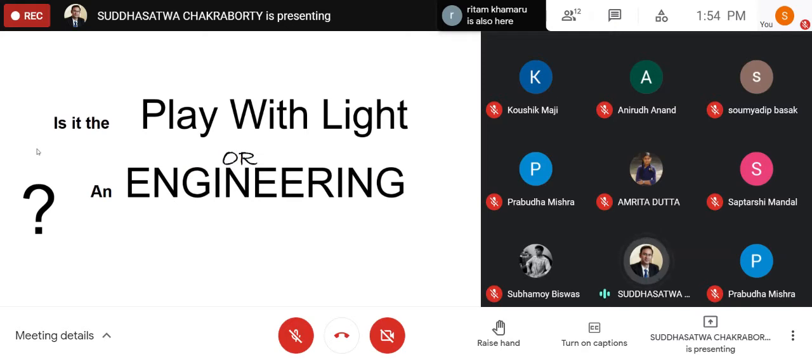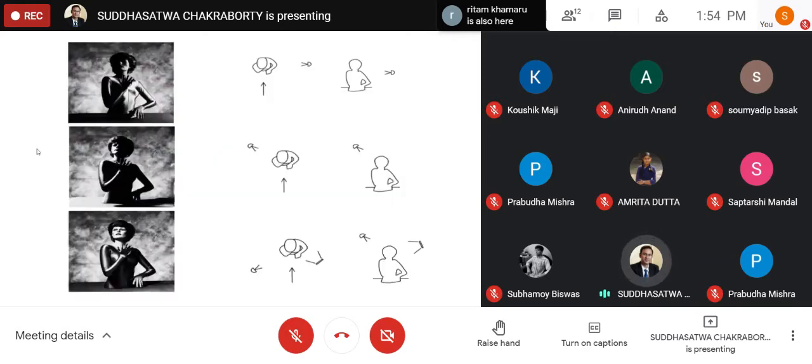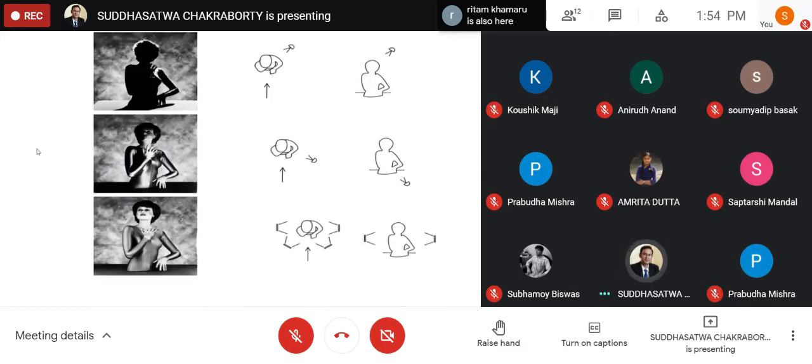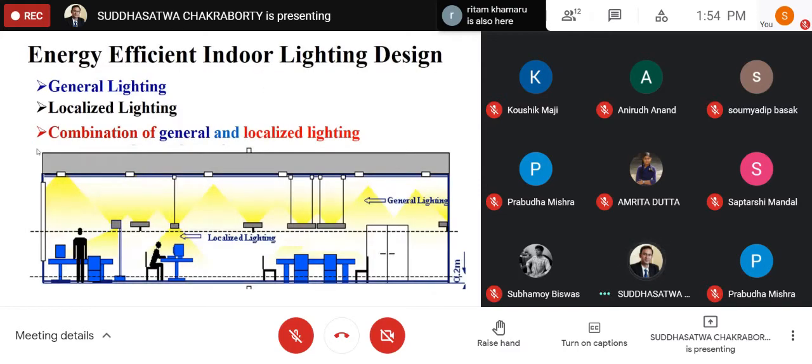Already I have mentioned the play with light, or engineering. So here the luminaire and its positioning is also very important, at which angle we will be going. For indoor lighting, a very standard practice is general lighting and localized lighting, or a combination of general and localized lighting. So whether we will go for localized lighting or general lighting.